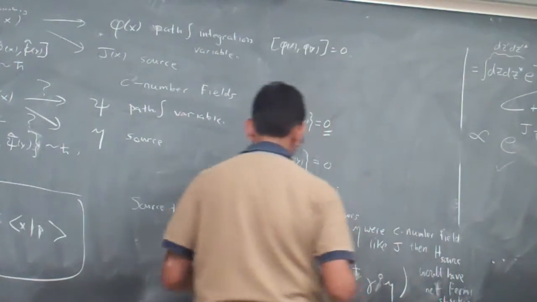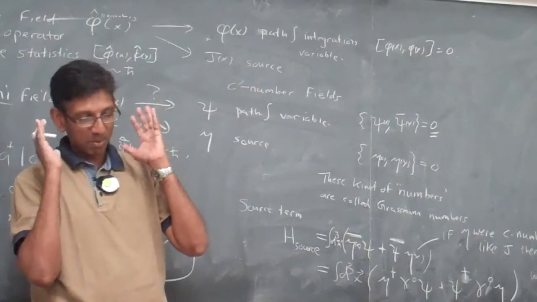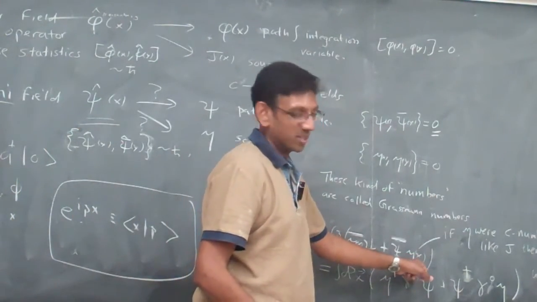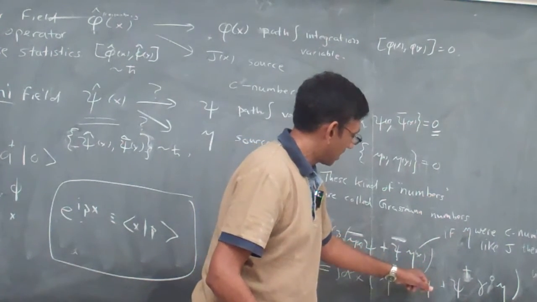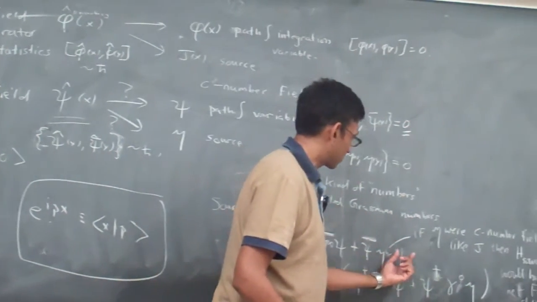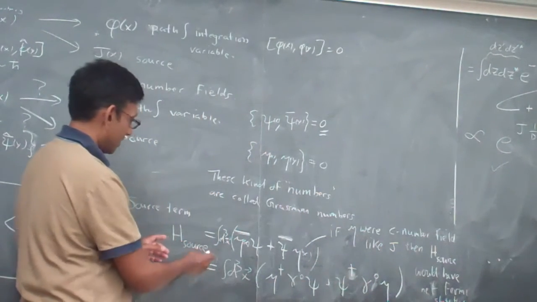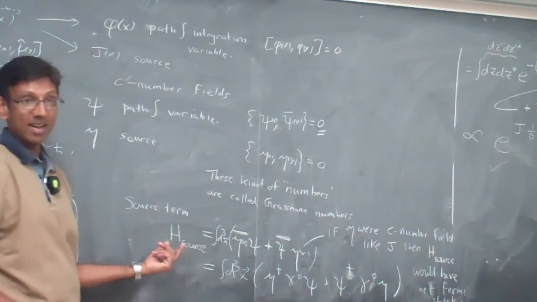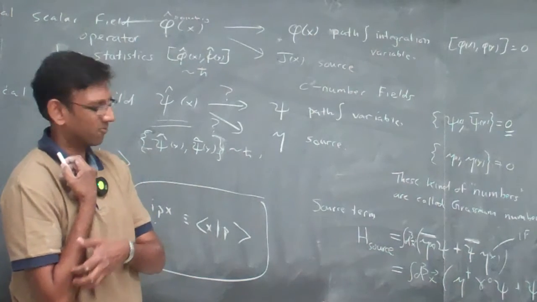In other words, if I think of this eta as secretly some collection of particles which I'm just thinking of as a black box which is a good gun for producing this psi, if this black box was just something like this J, a C number, then I would have an odd number of fermions in my Hamiltonian, which would already be a little bit bizarre.